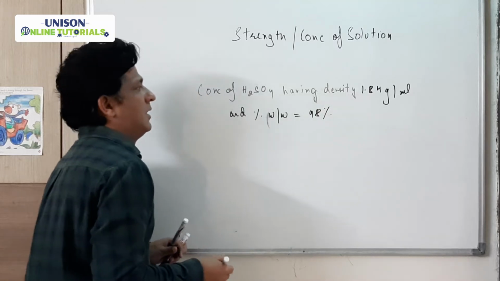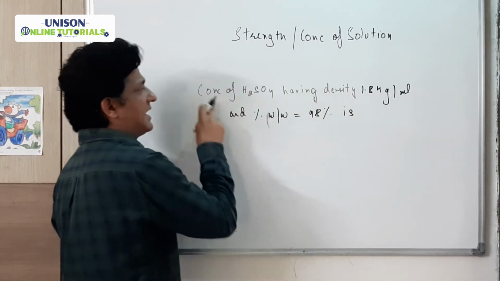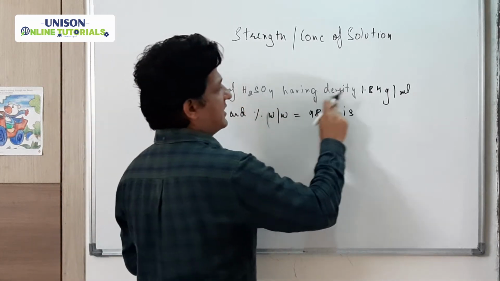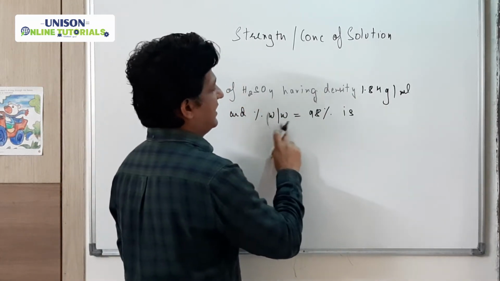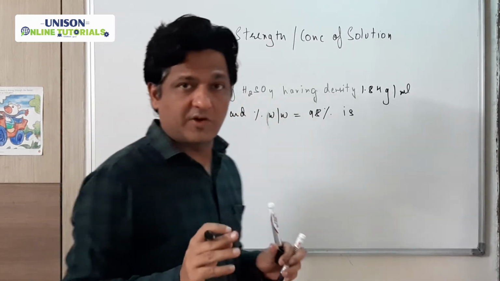Clear? So they are asking for concentration of H2SO4 having density this much and percentage weight by weight 98%. So how much will be the concentration? So we have to find out concentration.